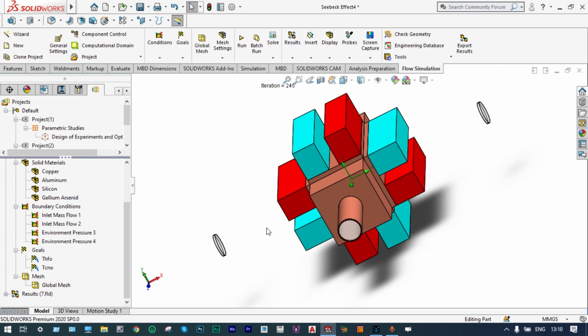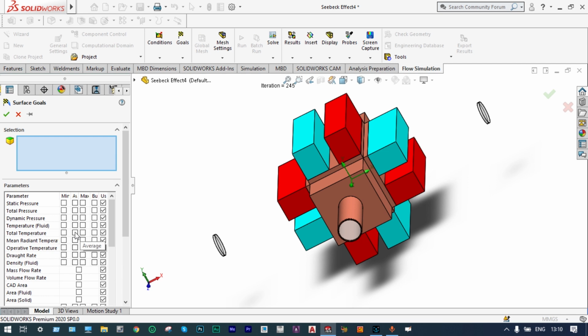Okay, so we have to select surface goals again. Goals, insert surface goal. We want to have average total temperature. Initially we will take the temperature for all these silicon surfaces. We select one proper way, that means the sequence will be anti-clockwise direction. This one will be first, second, third and fourth. Similarly for gallium also we will select the same sequence.